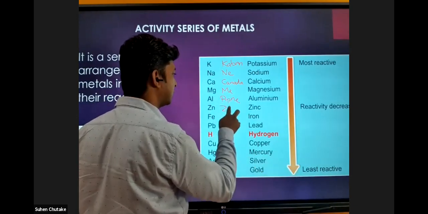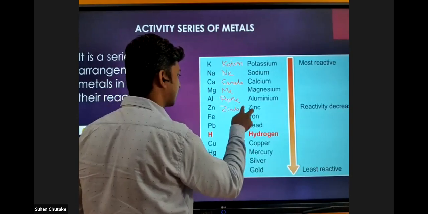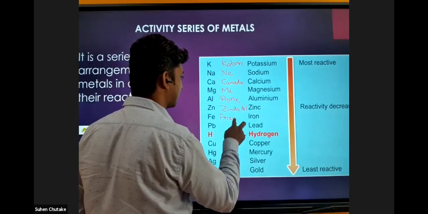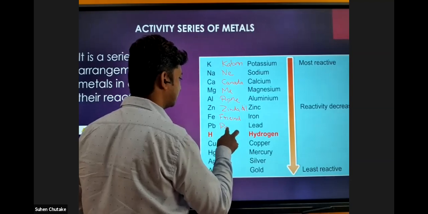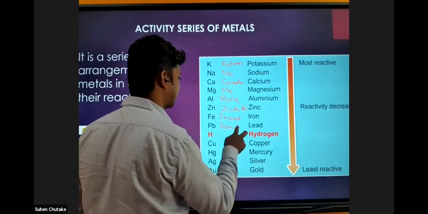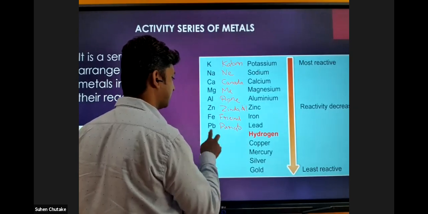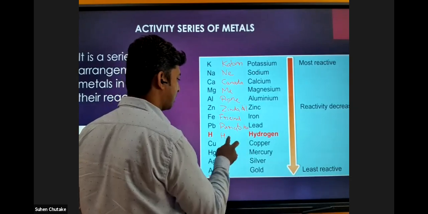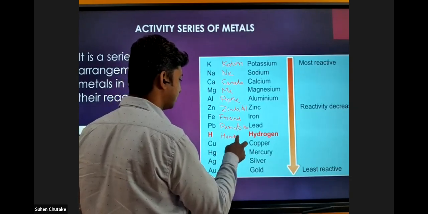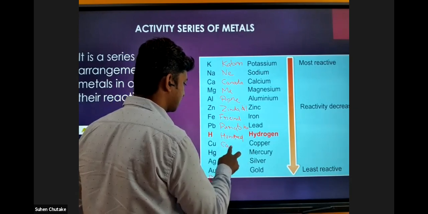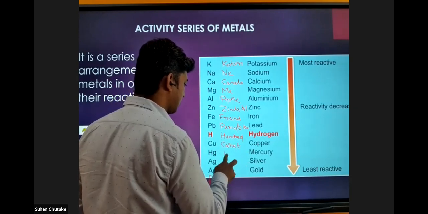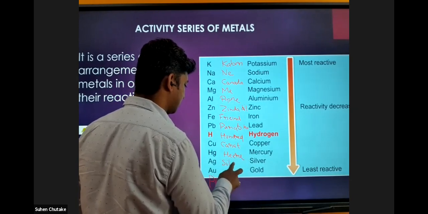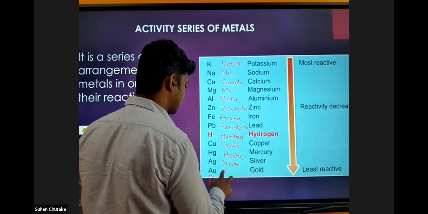Okay, aluminium, zinc... Zinda dil friend, Zinda dil friend. Parab, friend ferrum, Parab plumbium, Parab co, 100 hydrogen, carrot copper, hire Hg, silver, gold.